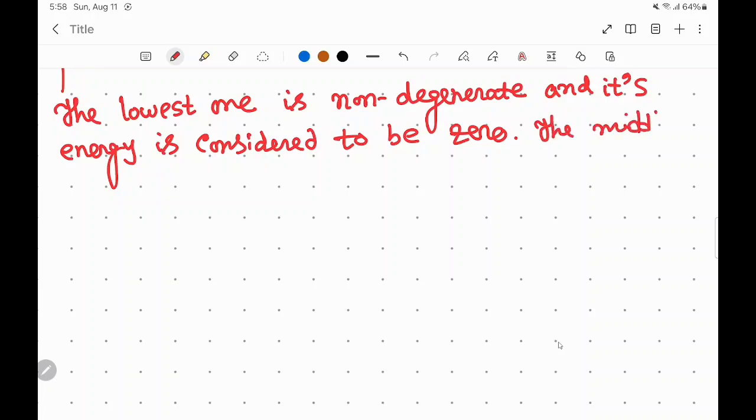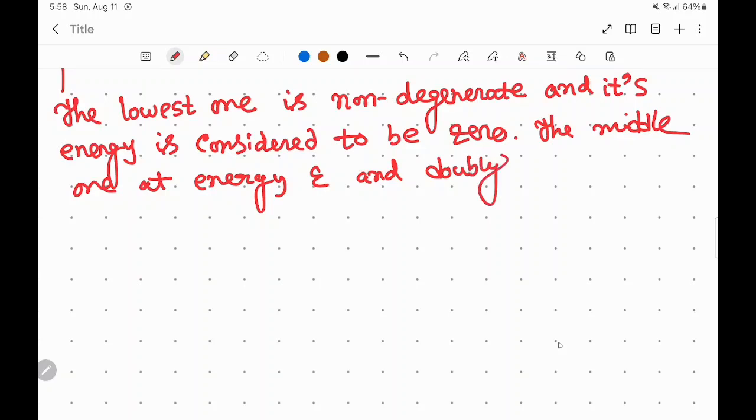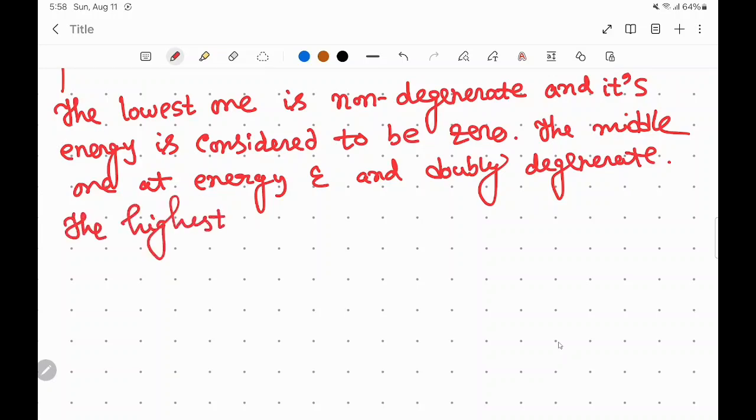They have just written it in words. The middle one is at energy epsilon and is doubly degenerate. The highest one is at energy 2 epsilon and triply degenerate.